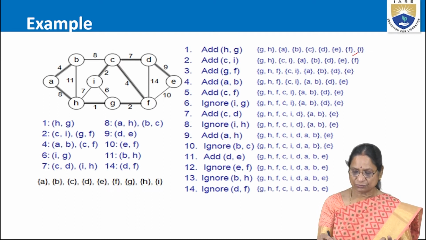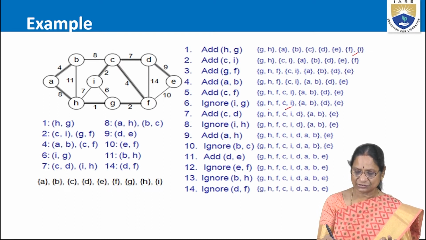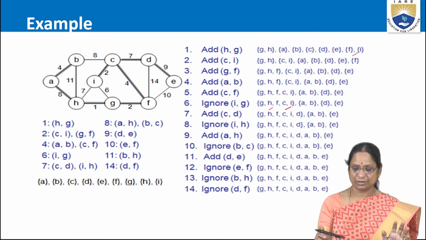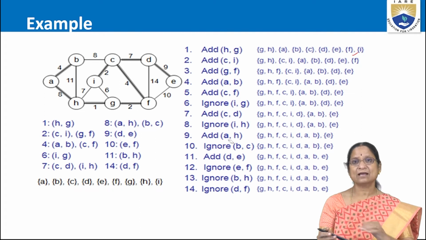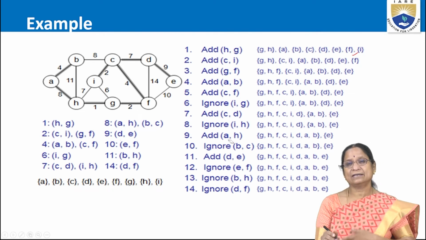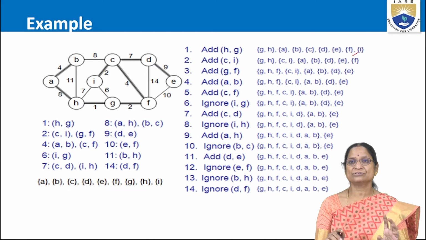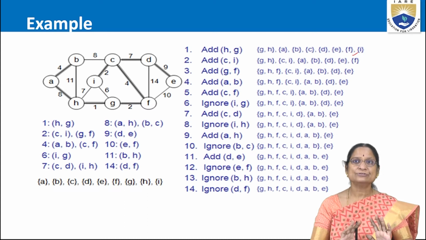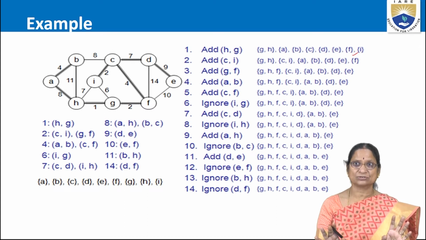I belongs to which set? This one. H belongs to this set. I cannot add, so IH can be ignored, because I and H both belong to the same set. By adding this, what happens? It forms a cycle. That's why we have to ignore it.